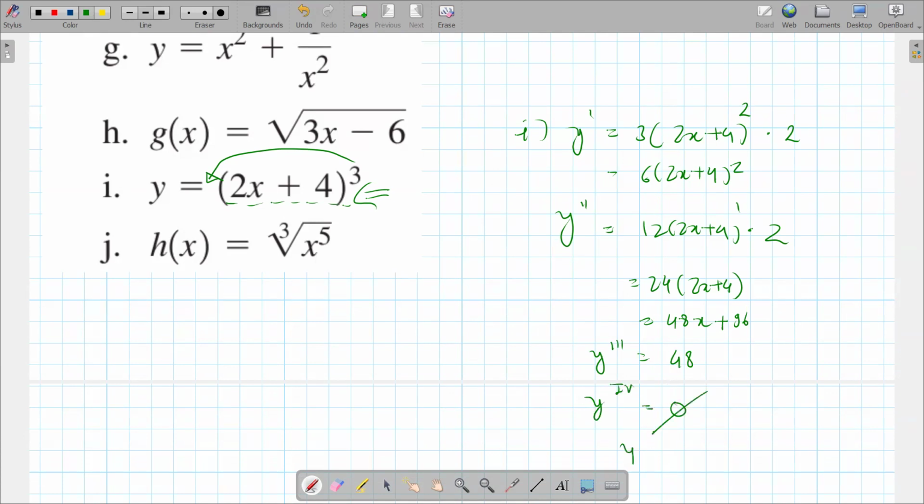And from here, everything is 0. These don't mean the Roman numerals 1, 2, 3. They just mean single prime, double prime, triple prime. This is something that I've come up with myself. It means the fourth derivative. You've probably seen it written like this in a textbook, but I'm going to use this notation.